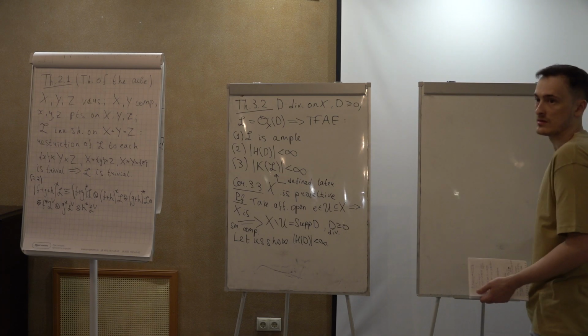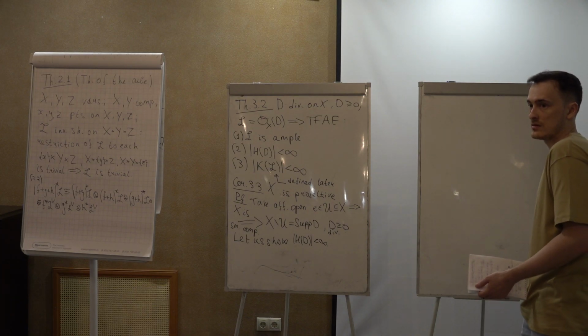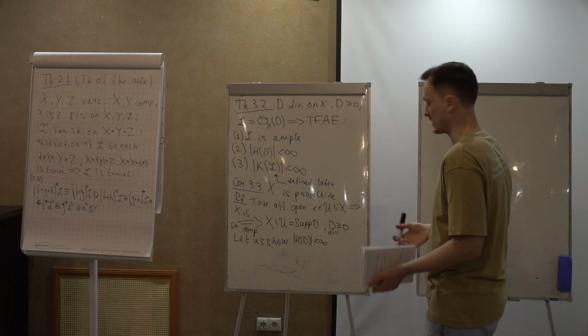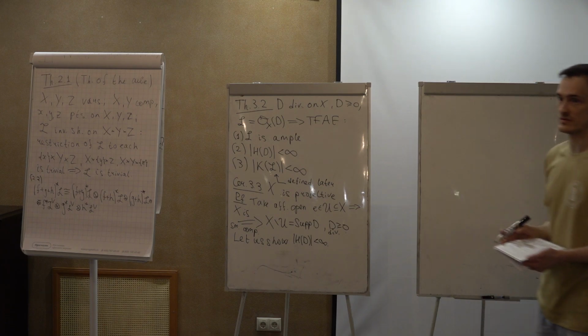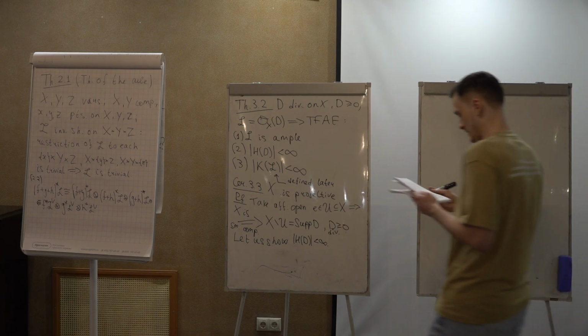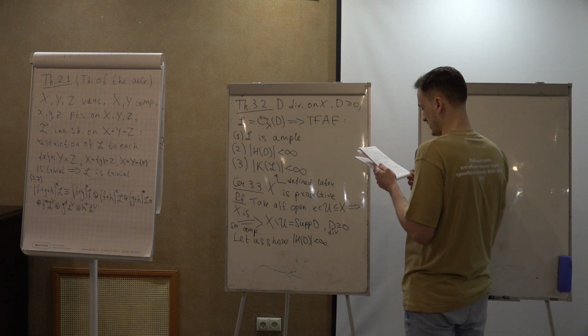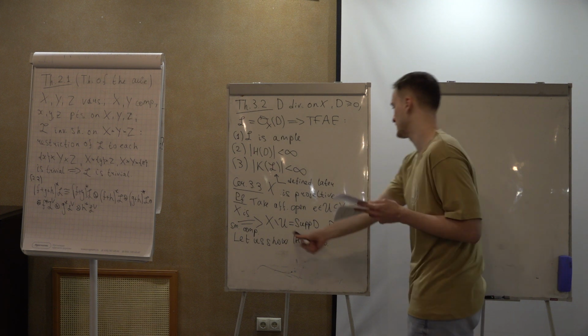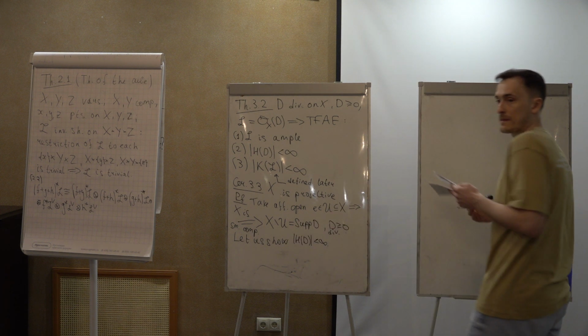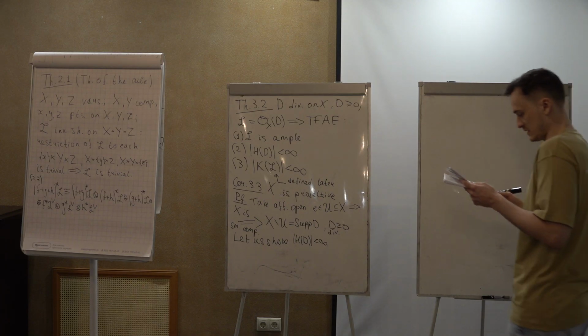Do you take D to be just the sum of its components? Oh, I can do this, yes. I can just take the sum of the components. But I think it doesn't even matter. So you can take any linear combination? Yes, pretty much.